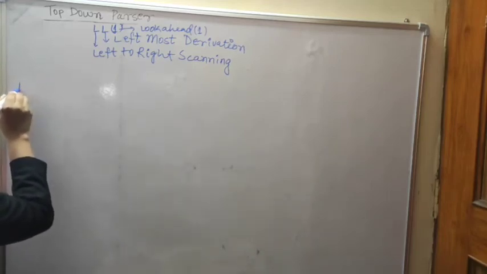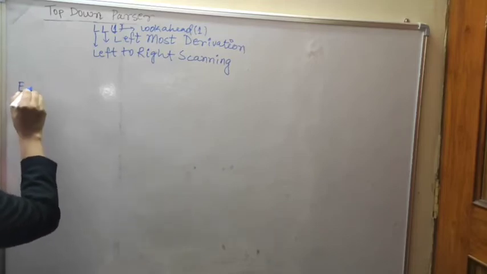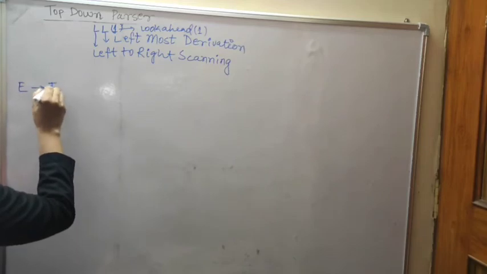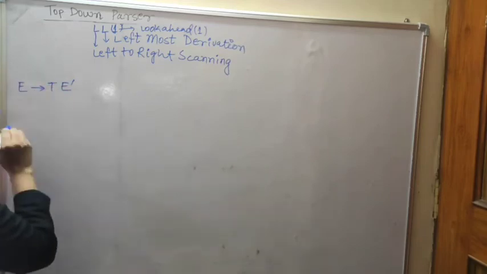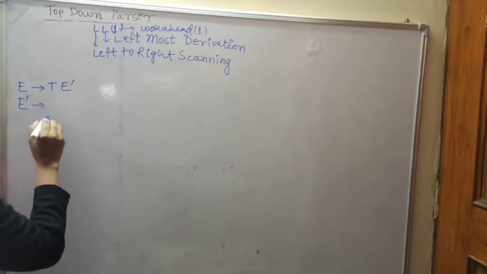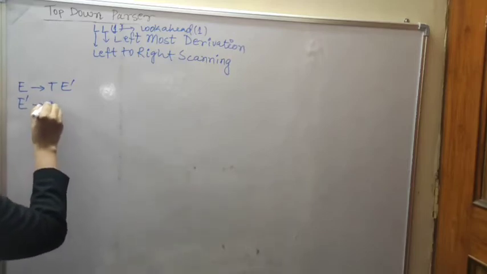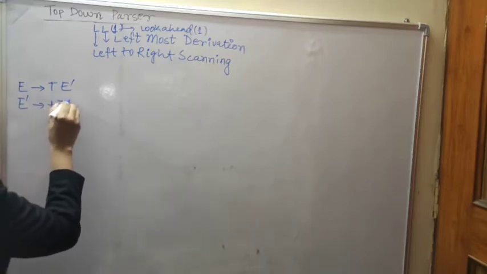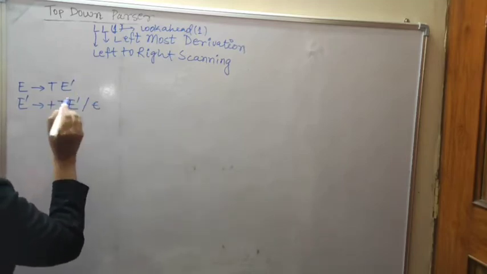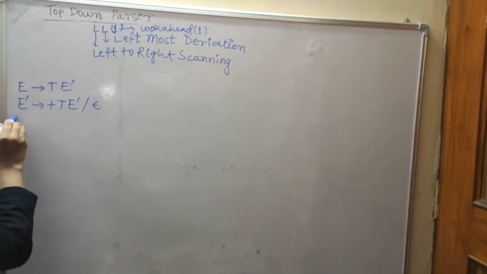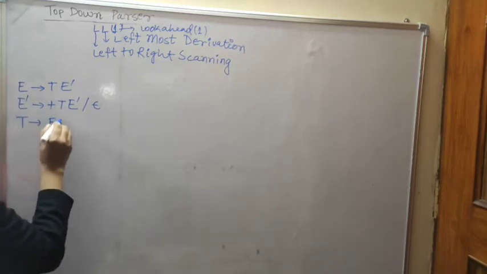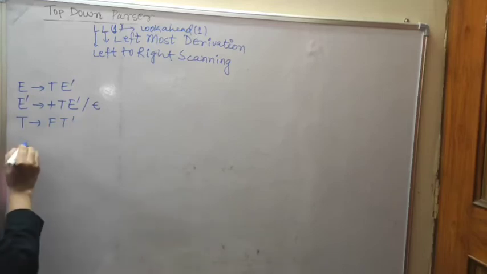Now I am writing the grammar. Suppose E is T E dash. E dash is plus T E dash or epsilon. Now T is F T dash.